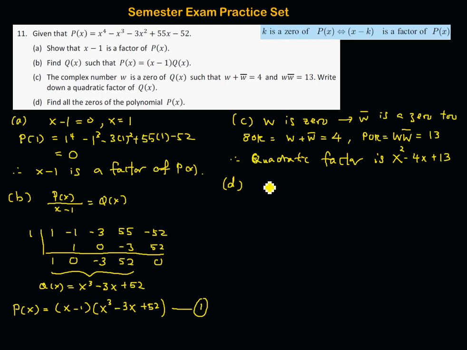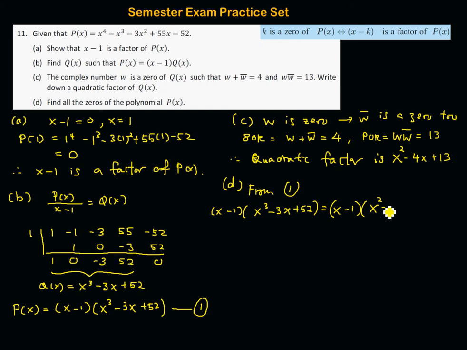I'm going to start from equation 1: we have x minus 1 times x cubed minus 3x plus 52. However, we have shown that we are able to construct the quadratic factor as follows.